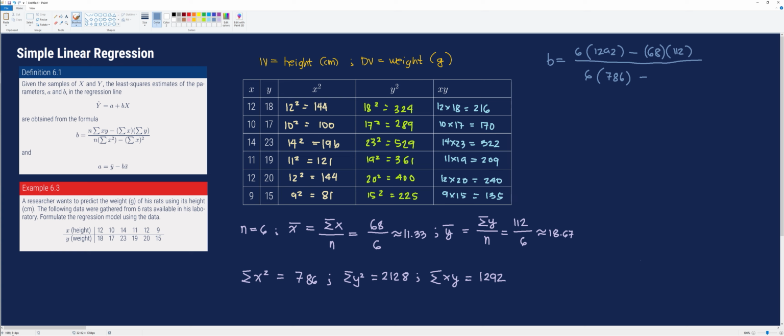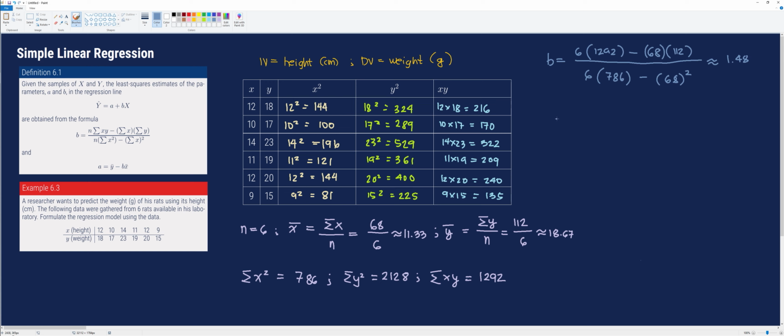So the summation of x is equal to 68 and squared. Performing this operation, we will get the result. And this is about 1.48.